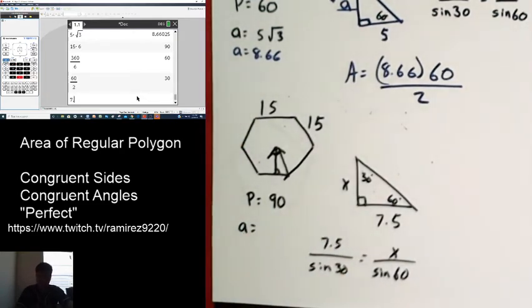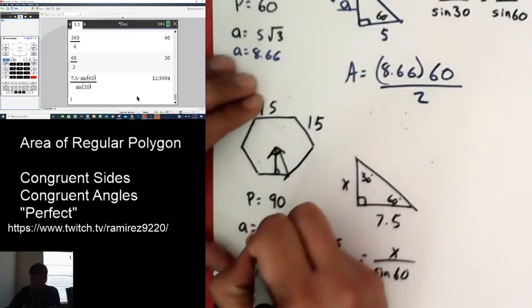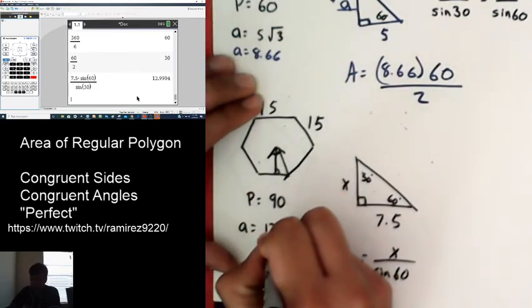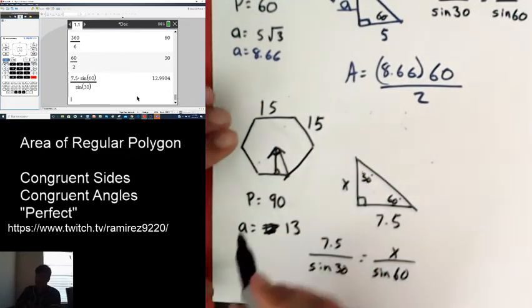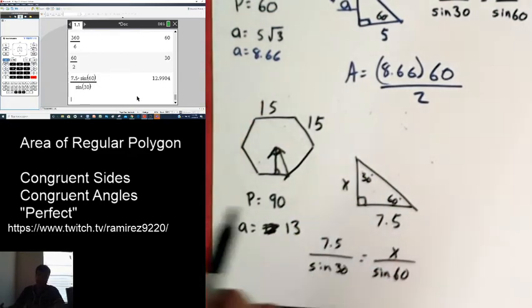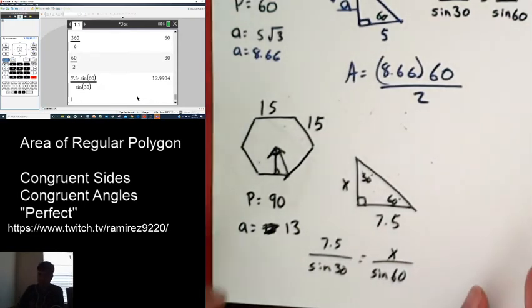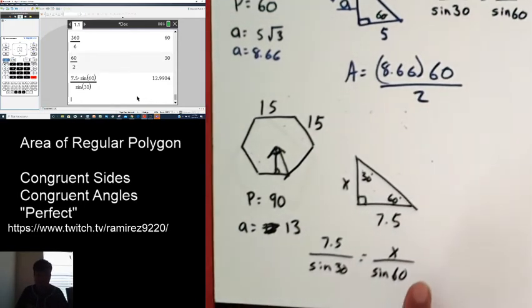So 7.5 times the sine of 60 divided by the sine of 30. So my apothem is 12.99, so it's pretty much 13. So I know my perimeter, I know my apothem, I solve it for area, that's it. So again, notice how easy it is to get your apothem when you don't know it.